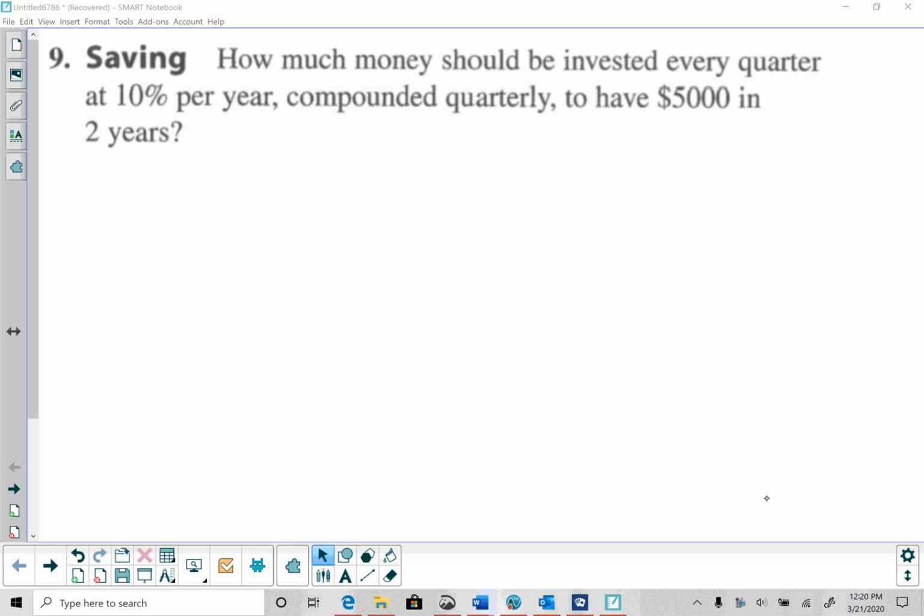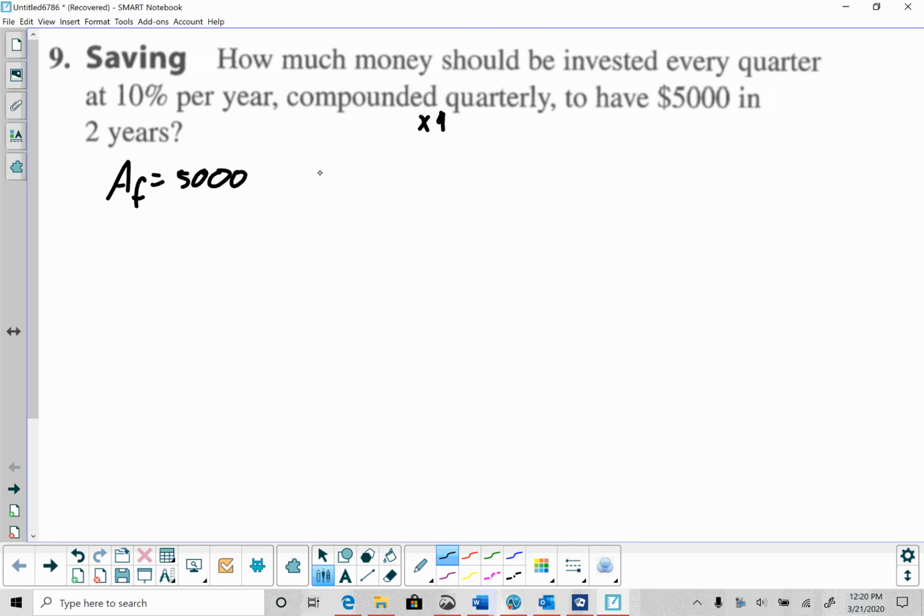All right, so let's start by, again, getting used to the variables that they're using. Our amount in the account at the final, we're looking for $5,000. It's compounded quarterly, so that means 4 times a year.